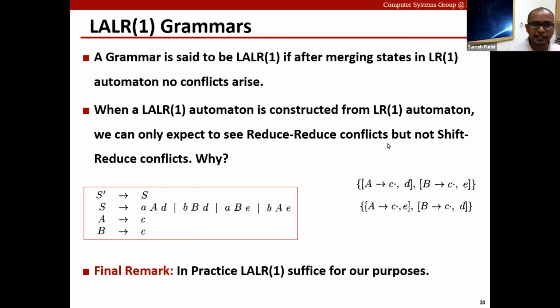We say that a grammar is said to be LALR1 parsable if after doing this compaction process, or merging of states, there are no shift-reduce conflicts or reduce-reduce conflicts. And there is an important question, again, I will give this as a homework problem: when an LALR1 automaton is constructed from an LR1 automaton, we can only expect to see reduce conflicts, but not shift-reduce conflicts.